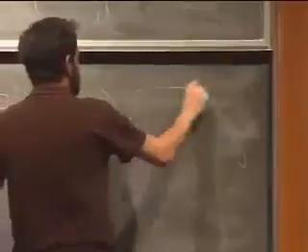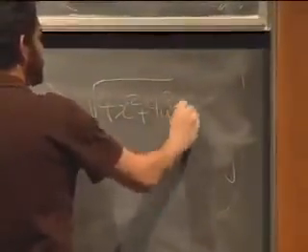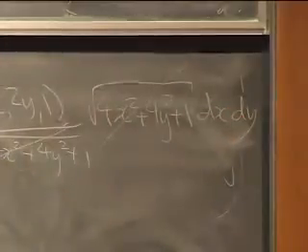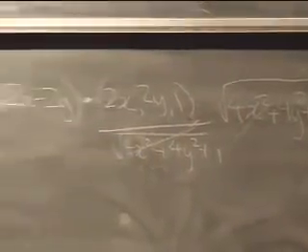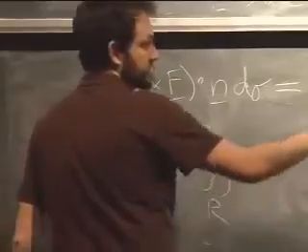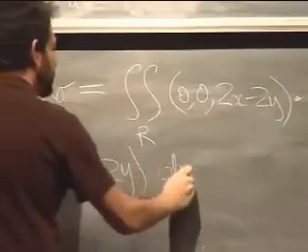So I want the plus one here. And then I multiply by this d sigma business. And as usual, they cancel out. And so I have to integrate over this region. Just the dot product is 2x minus 2y. So I get 2x minus 2y dx dy.